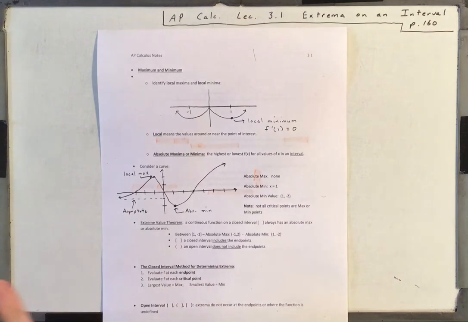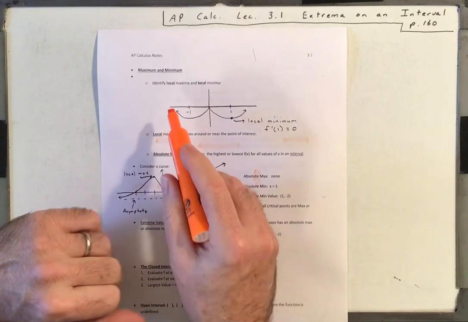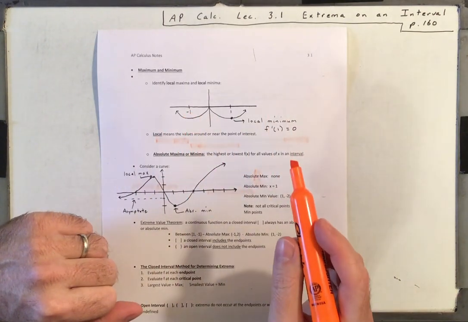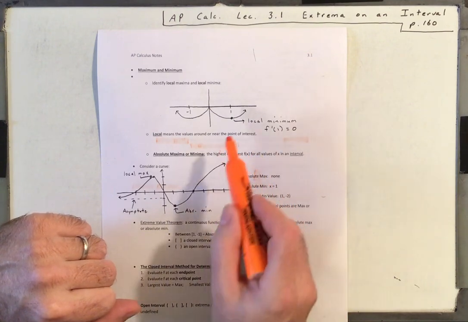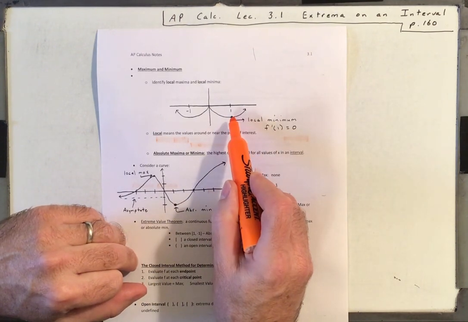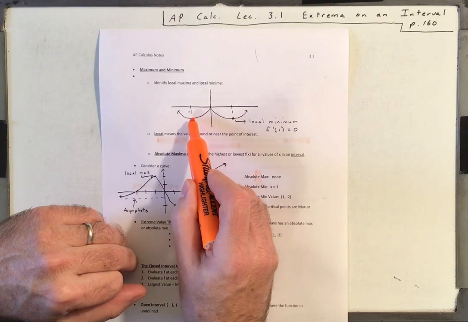Okay, so I've just got some examples of maximums and minimums. First of all, you can have a local maximum and minimum. In this case, we have a local minimum here and a local minimum right here.